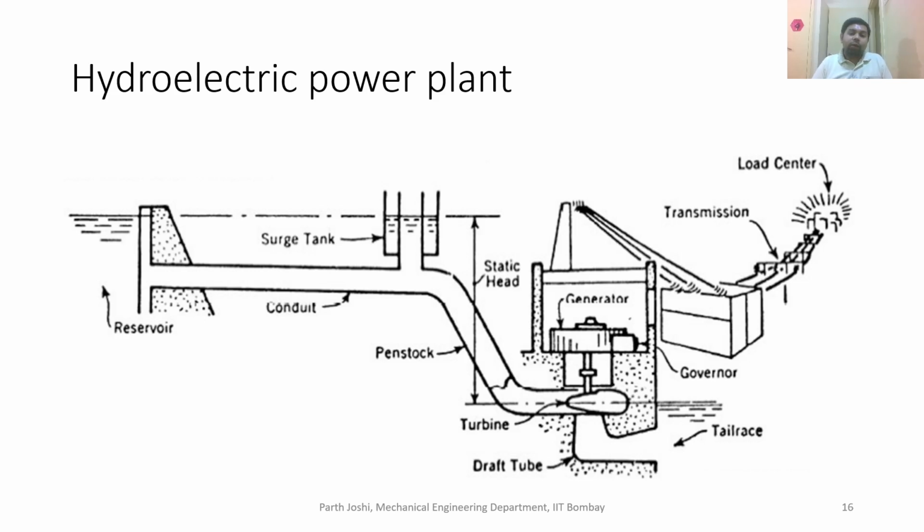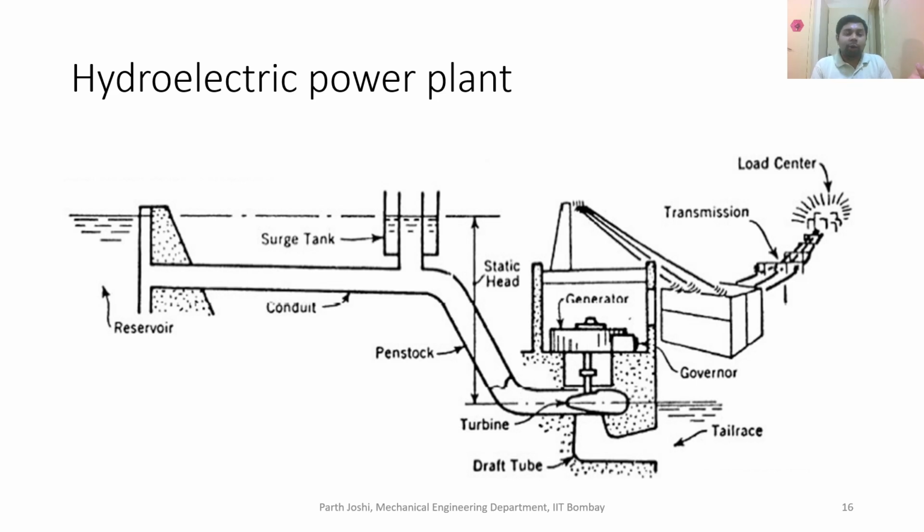Next I wanted to discuss an example of a hydroelectric power plant. This picture shown over here is actually from the slides itself. I wanted to apply the concept we just defined to this example.